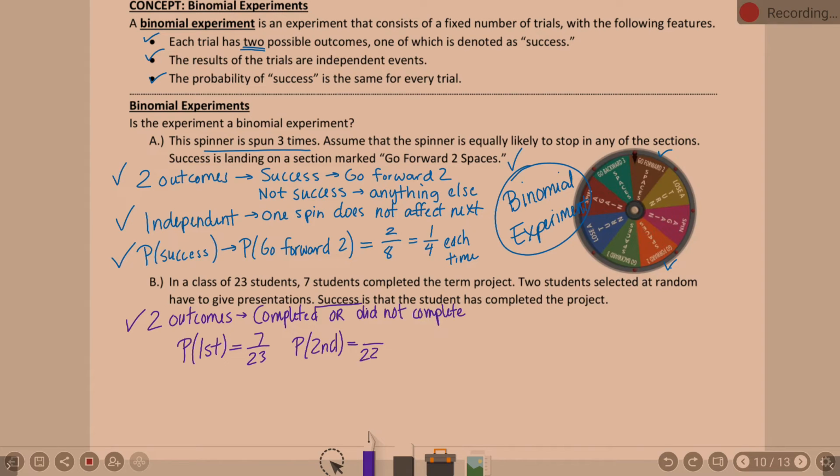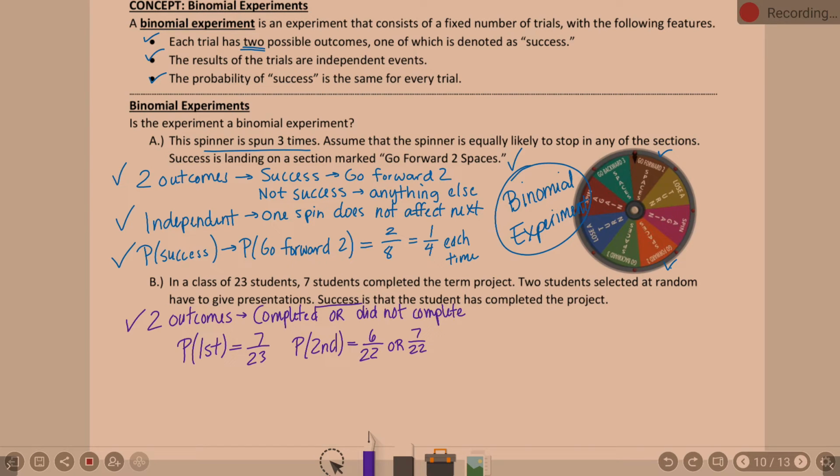We can argue about the top, whether it's a 6 or a 7, but the denominator is a 22, yes? That changed. Is my probability going to be the same? No. Okay, and so I'm fine with putting 6 out of 22 there. We can also argue 7 out of 22 because what if the first person didn't actually present, right?